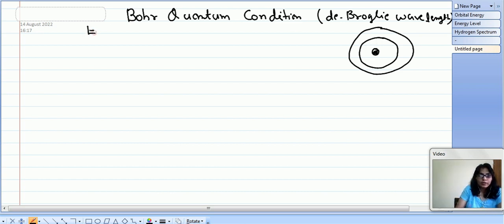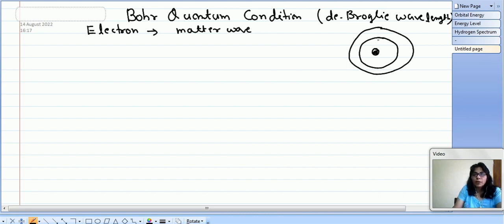Please note that we have already discussed this, but let us recall that electron is a matter wave. So it has dual nature, it has particle nature as well as wave nature. Particle nature means electron is a particle and it is revolving here, but at the same time electron is a wave, therefore there will be a de Broglie wavelength associated with the electron.